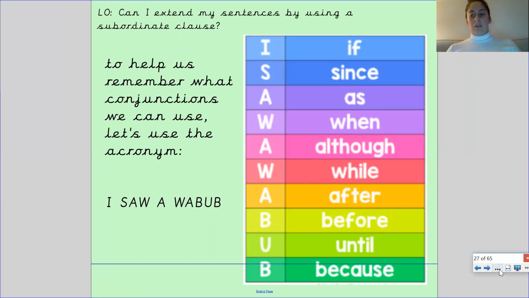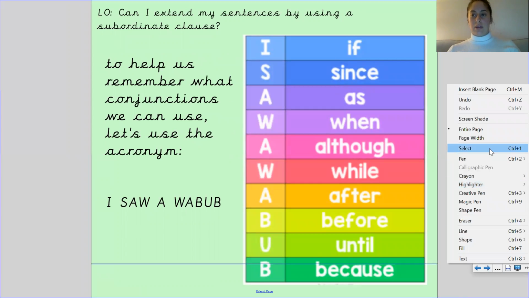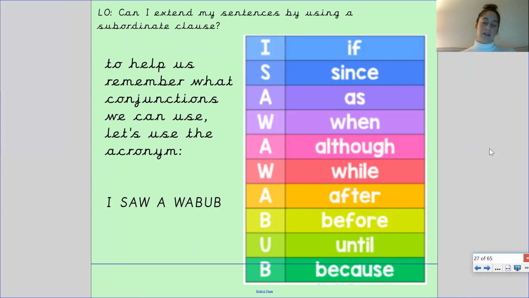So there's a way that you could find it easier to remember your subordinating conjunctions, which is to use the acronym I saw a Bob. Every letter of this acronym stands for one of the subordinating conjunctions which we looked at in the previous slide.